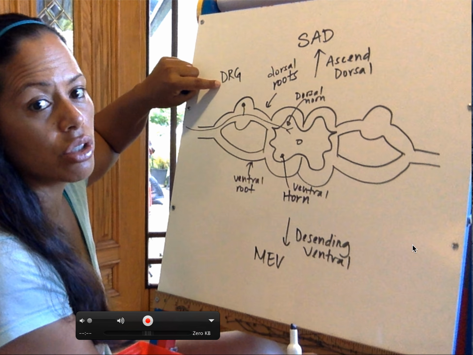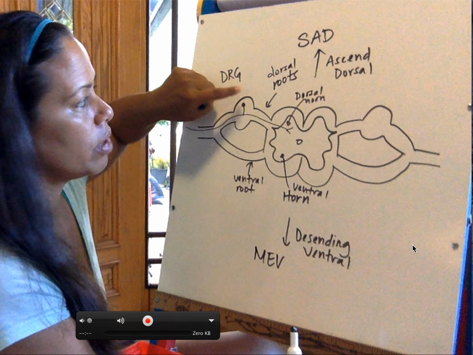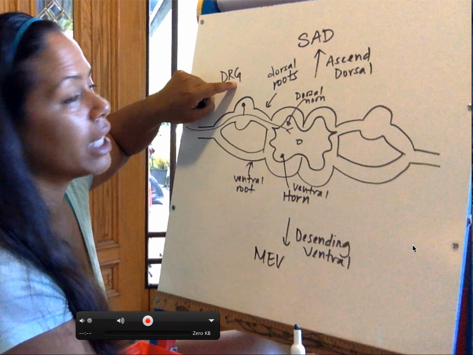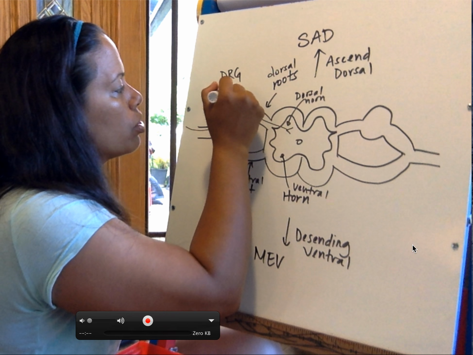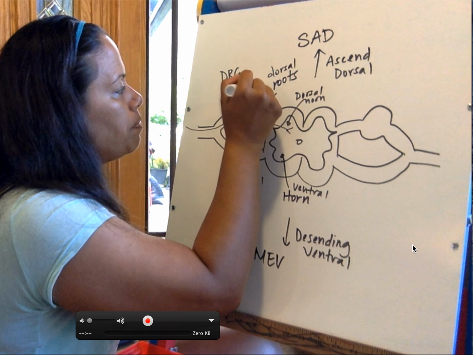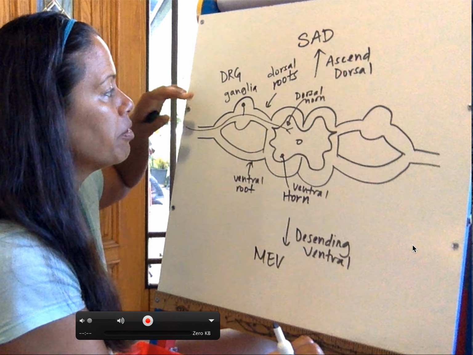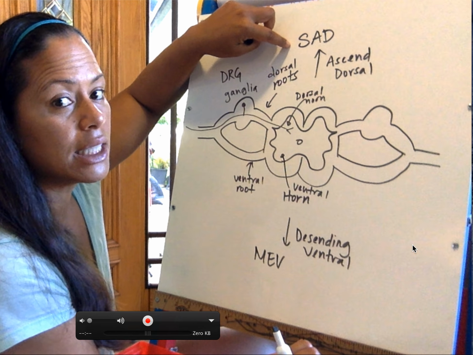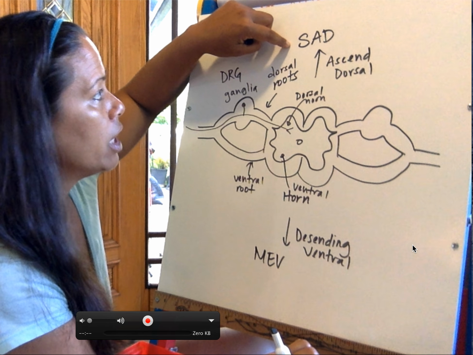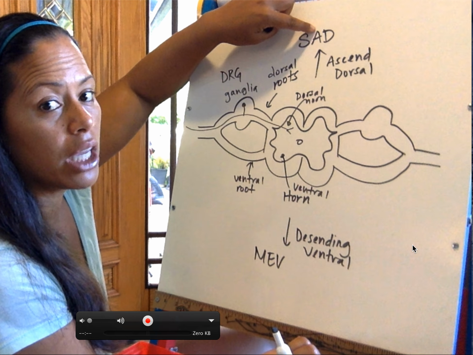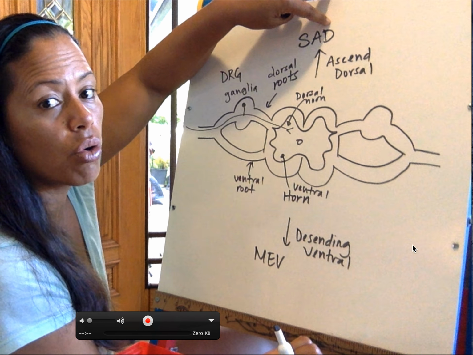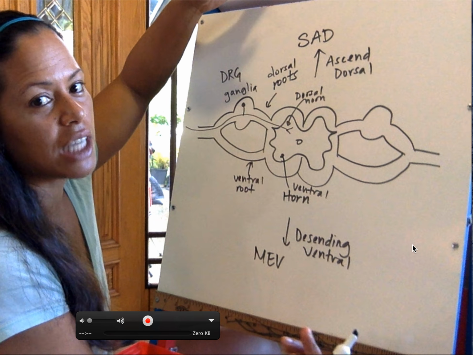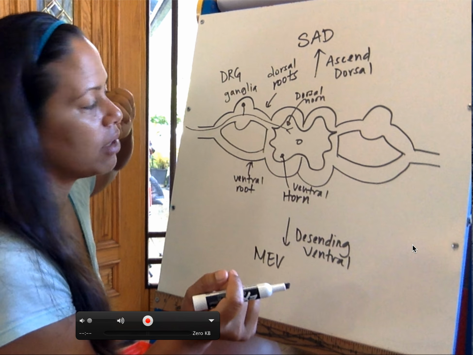It says dorsal root, I have that already there, dorsal root ganglia. And it's a group of cell bodies for sensation or sensory information that travel through an afferent pathway and enter the spinal cord dorsally. You will hear these kind of questions over and over again, back and forth.